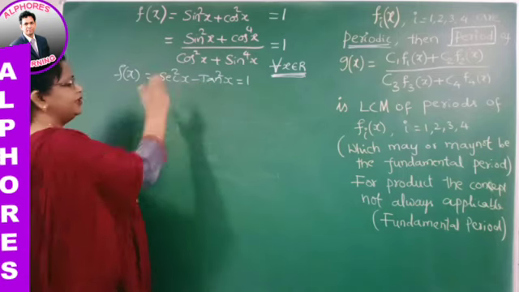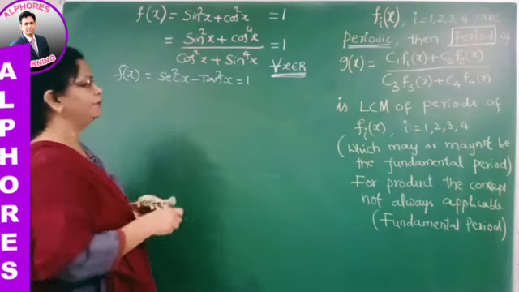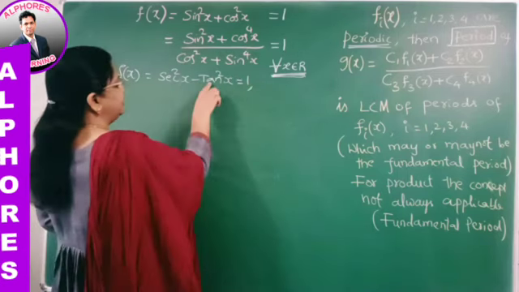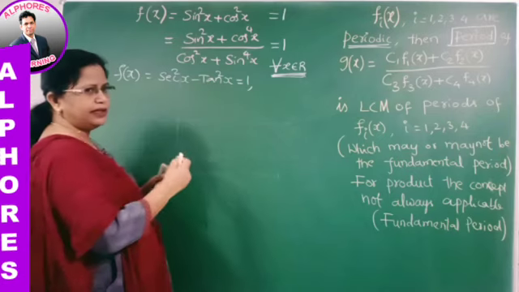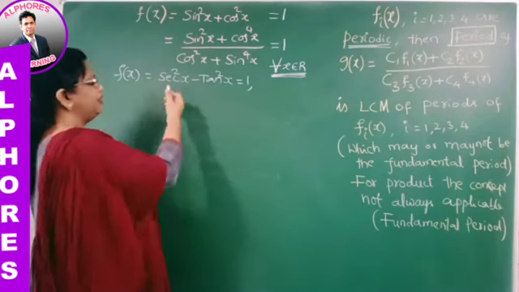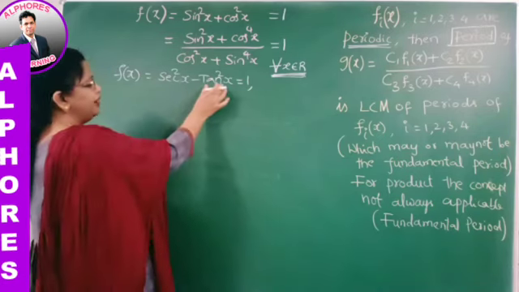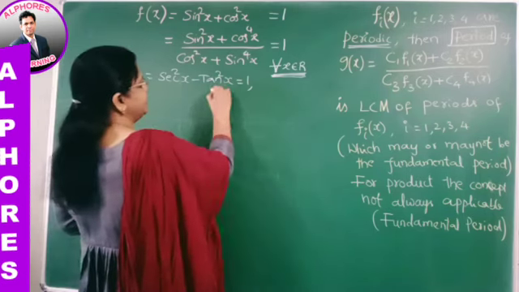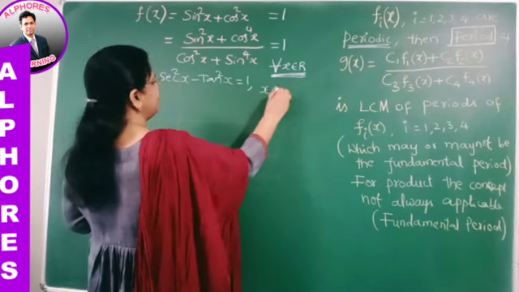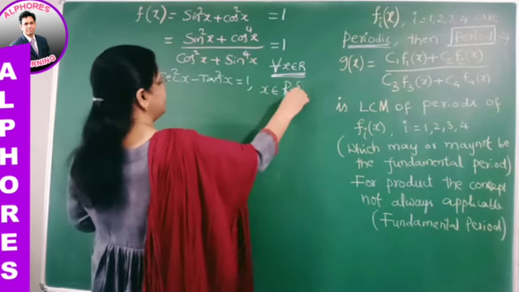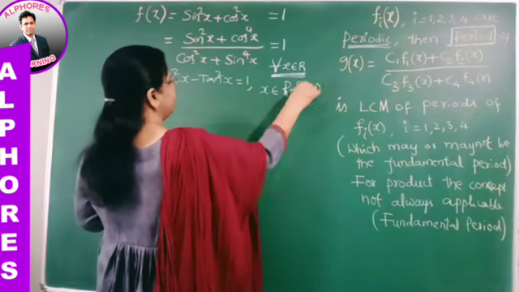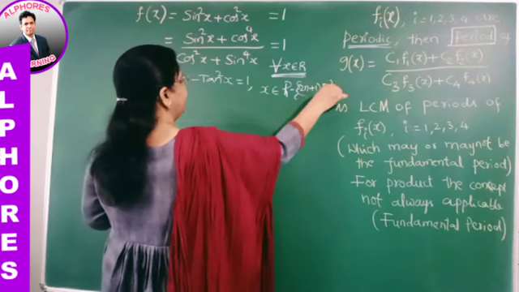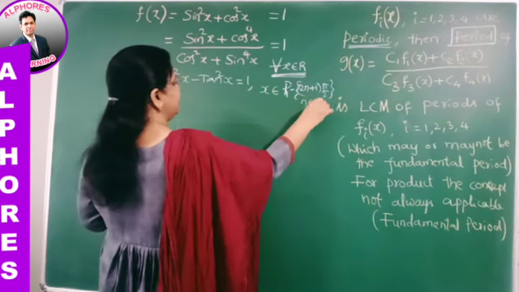Observe, students, what is the domain? Tan is sin by cos, and sec is 1 by cos, so you have cos in the denominator. This is true for all x belonging to the real numbers except odd multiples of pi by 2, where n belongs to the integers.